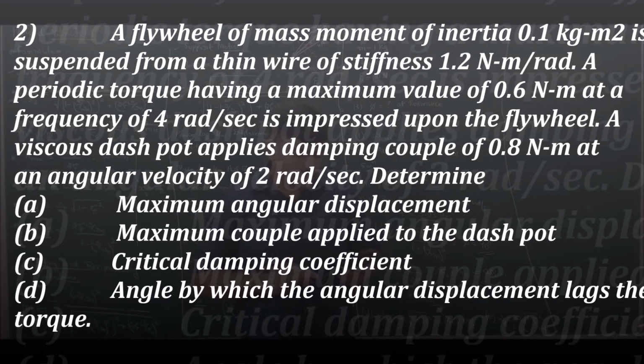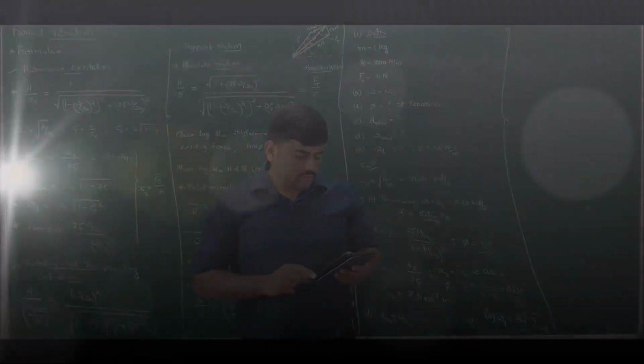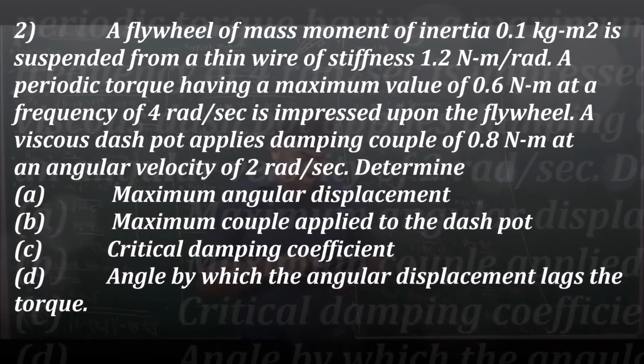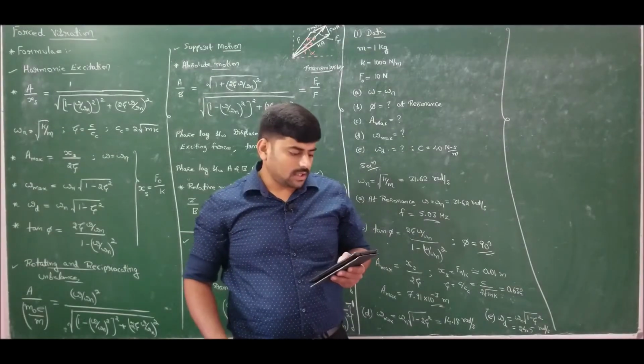A viscous dashpot applies a damping couple of 0.8 Newton meter at an angular velocity of 2 radians per second. Determine first, the maximum angular displacement, second, the maximum couple applied to the dashpot, third, the critical damping coefficient, and fourth, the angle by which the angular displacement lags the torque.